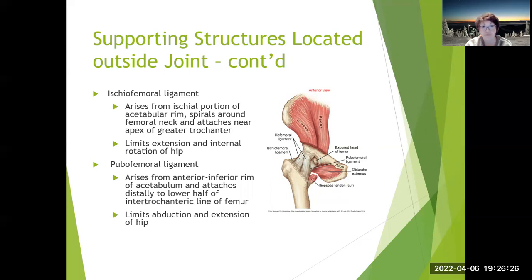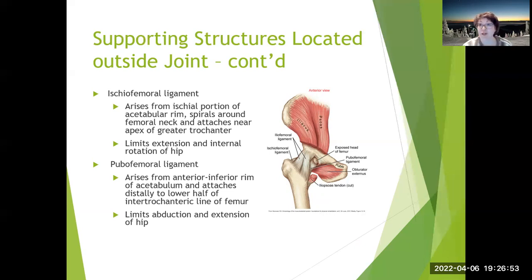And it limits abduction, and you can see that from its line: in abduction, the femur is going to go away from the midline, and the pubofemoral ligament prevents that, and also extension of the hip. So all three of those big, fat, beefy ligaments limit extension of the hip, and we'll see why that's important.